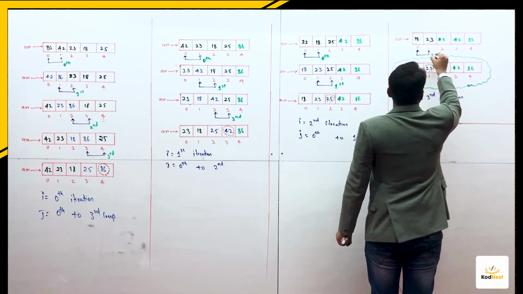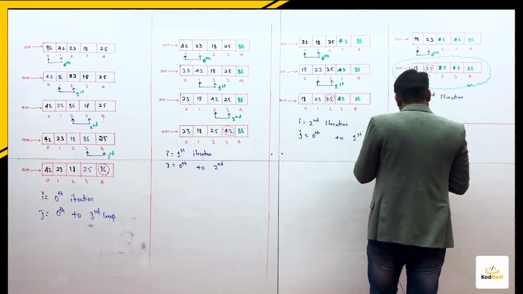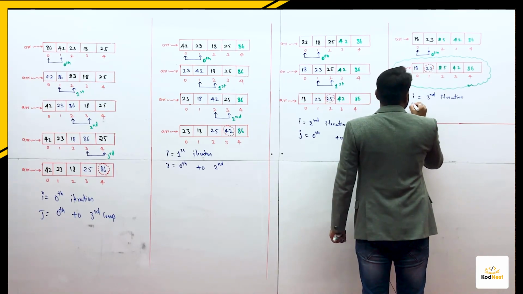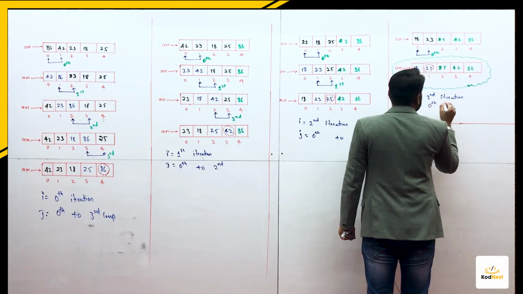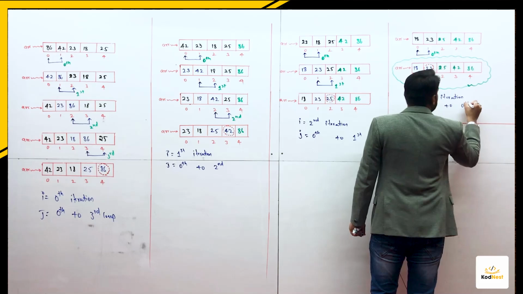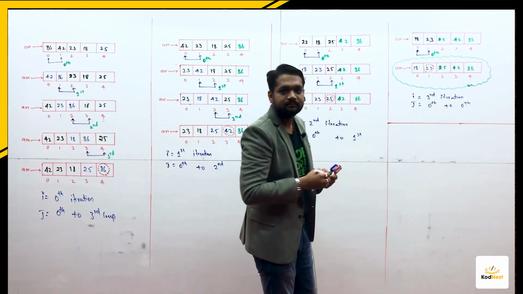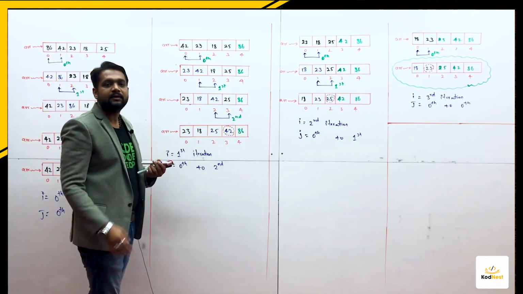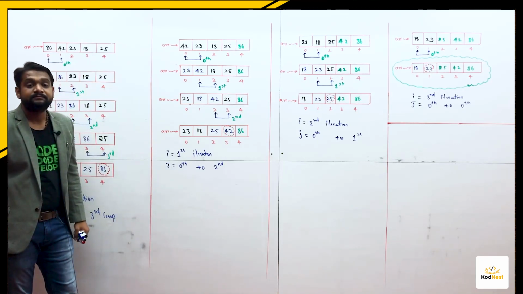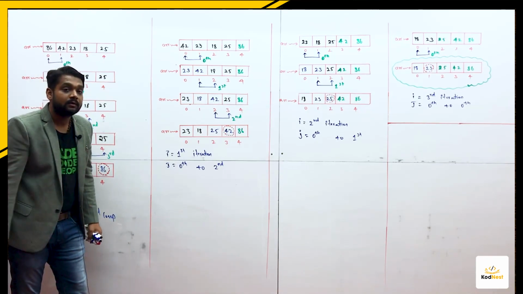Here, this is the 0th comparison. Again, if J is taking care of the number of comparisons, I am doing from the 0th comparison to the 0th comparison only. 0 to 0 only. There only I am stopping. Am I not correct? Yes or no?